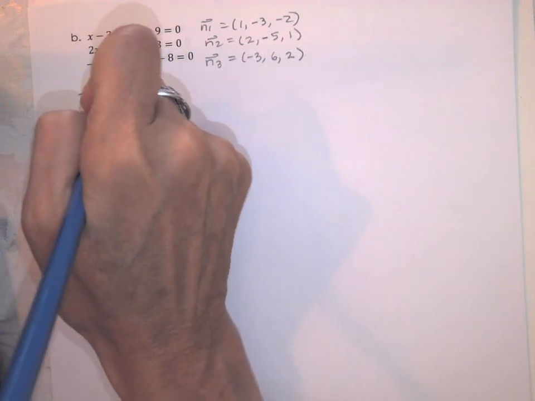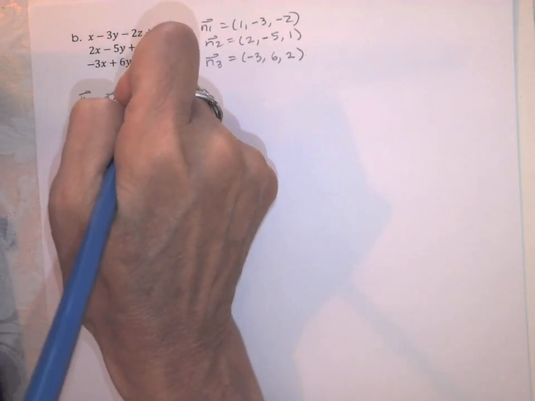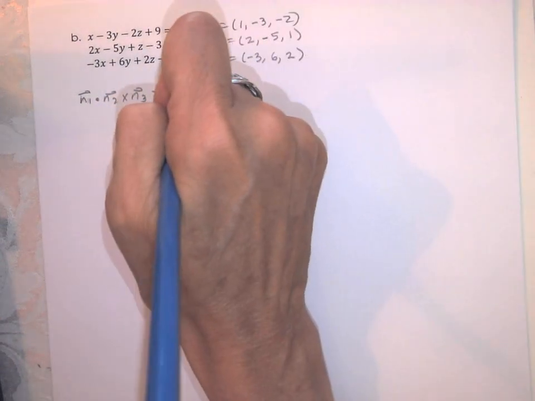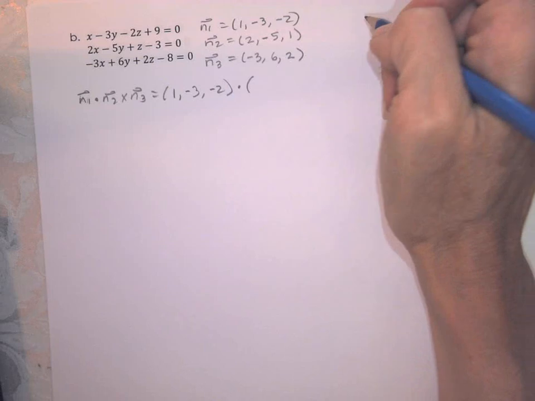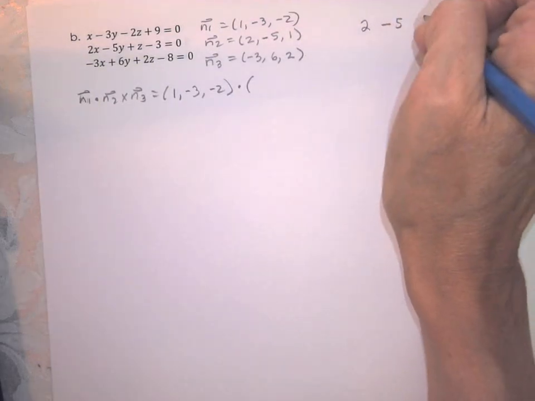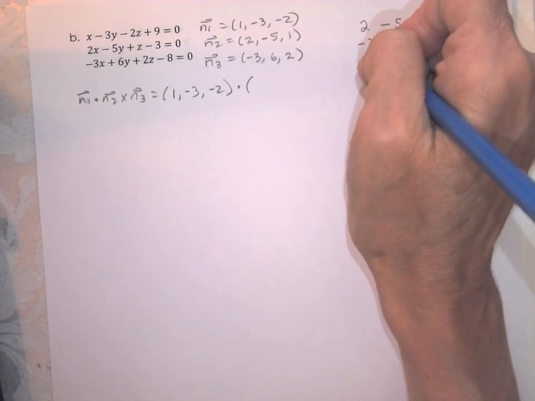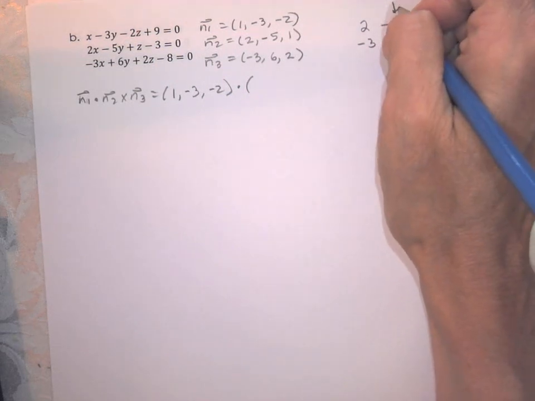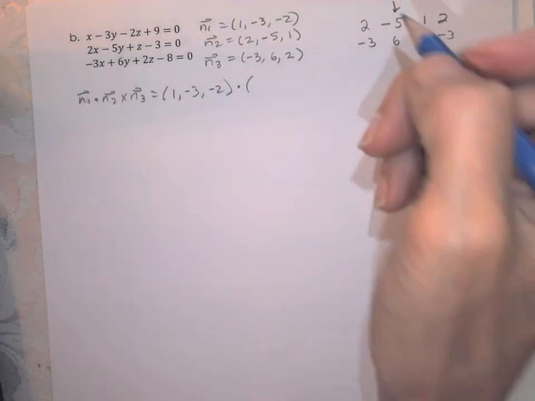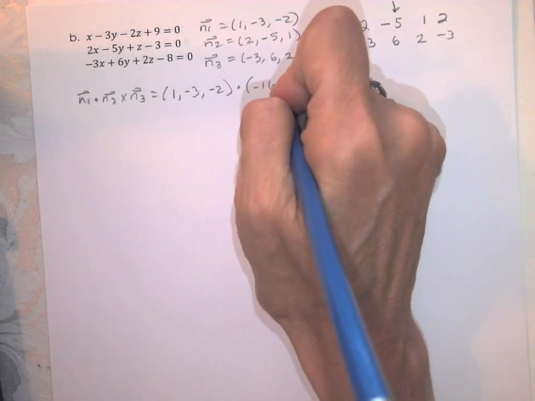dot n2 cross n3, which is going to be 1, negative 3, negative 2, dotted with so negative 10 minus 6 is negative 16.